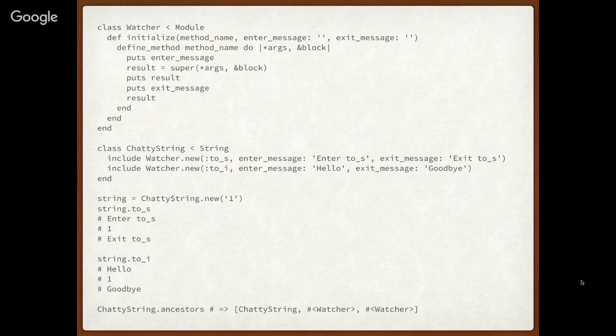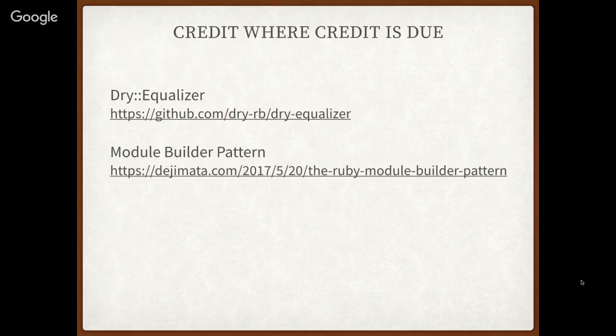An example I was looking at, actually, if you want to look at a fully formed example of something that does double equals and a bunch of other stuff, if you've heard of dry-rb, they have a dry equalizer module that you can look at, and I've got the link there.